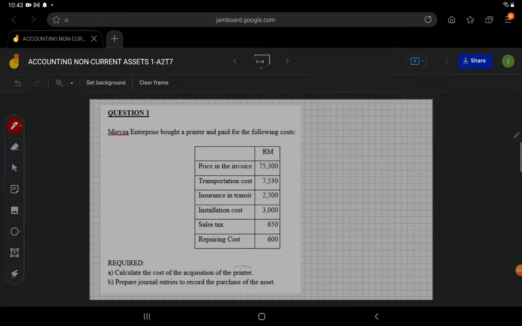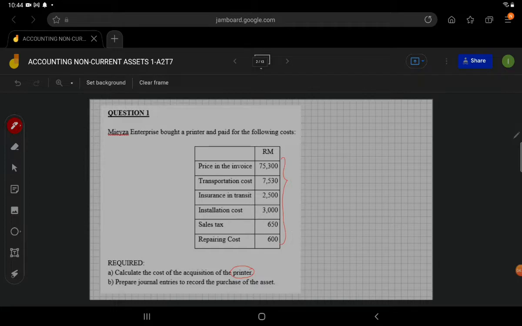Printer here is the fixed cost. Dia suruh kita kira cost pemilikan printer, and then prepare journal entries to record the purchase of the asset. What you have to do first, all the costs here you have to identify, whether it is capital expenditure or revenue expenditure.